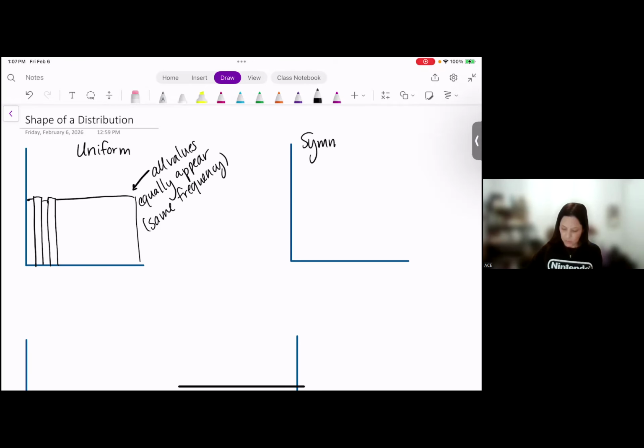A symmetric distribution is one where if you were to draw a line down the center of your distribution and fold your image in half, the left-hand side and the right-hand side look the same roughly.